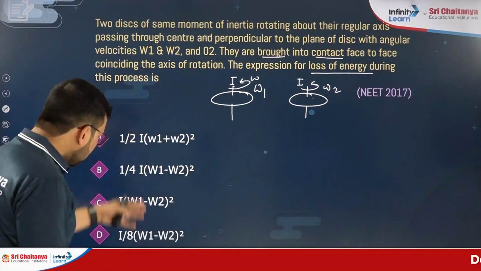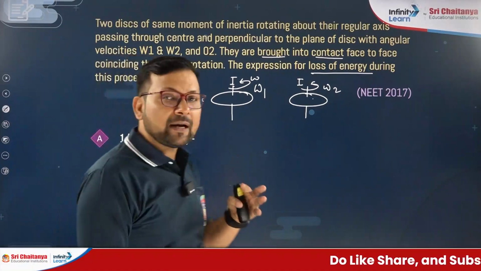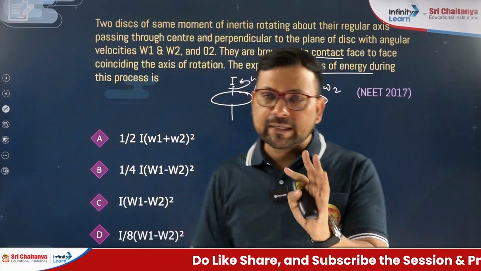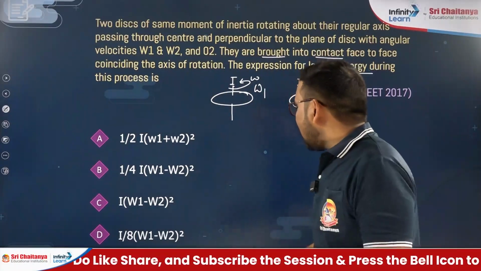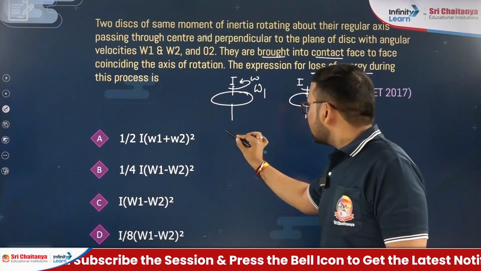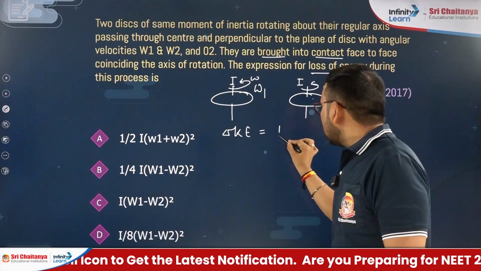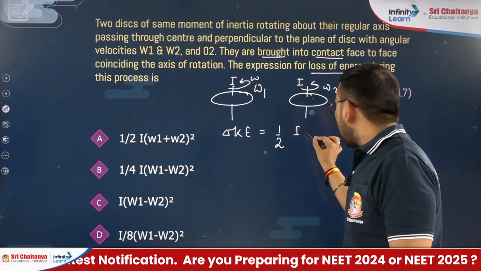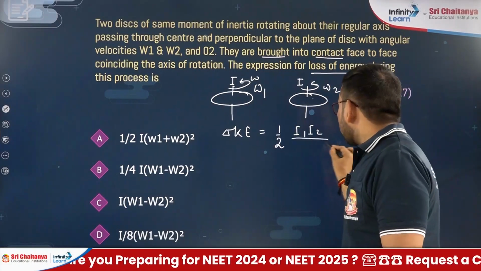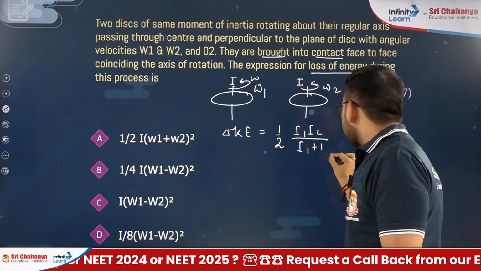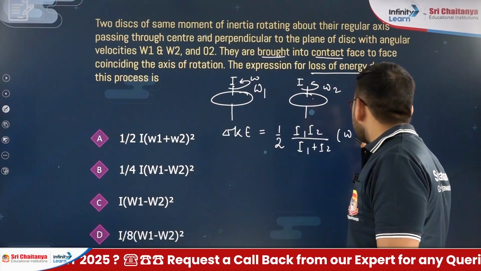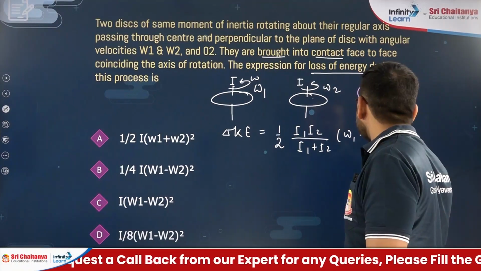But since 0 is not an option, we will take that friction is there and loss in kinetic energy is taking place. In that we will use the formula for loss in kinetic energy in case of a common omega, that is half I1 I2 upon I1 plus I2 into omega 1 minus omega 2 square.